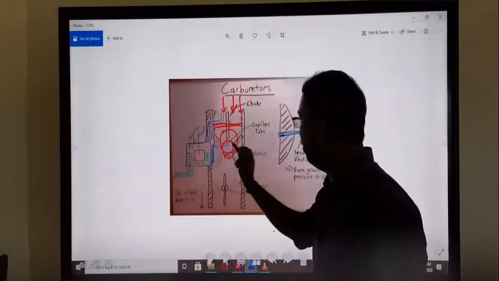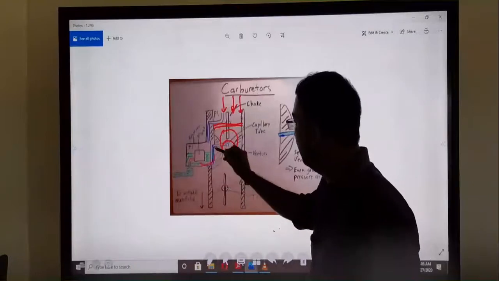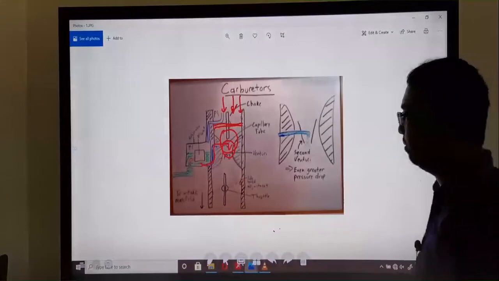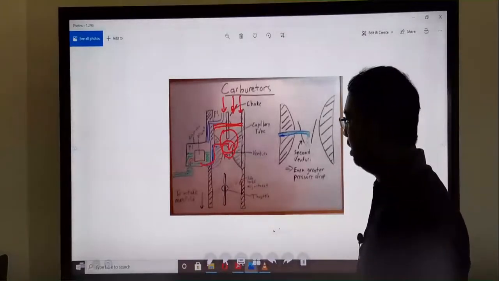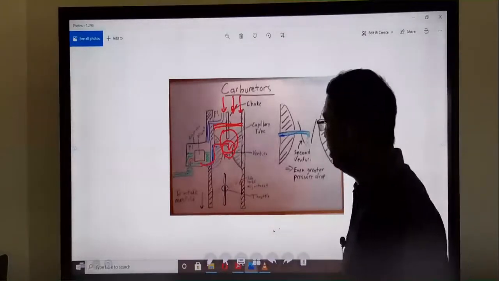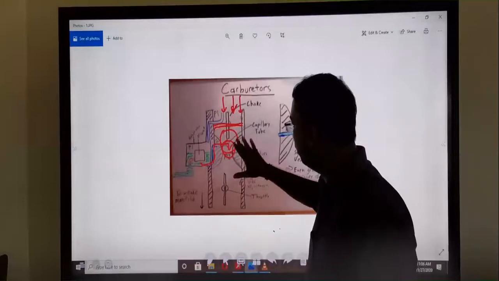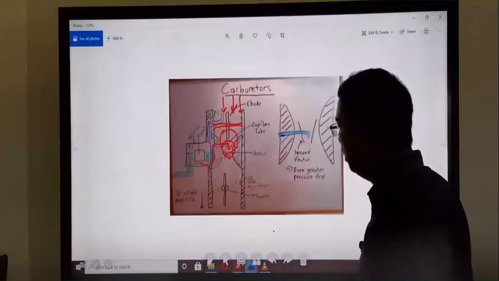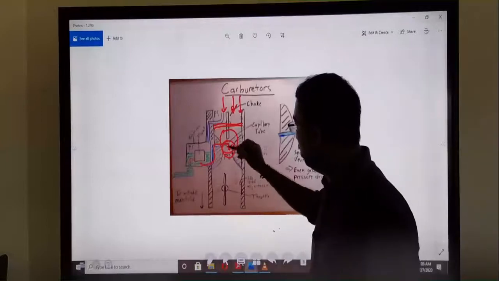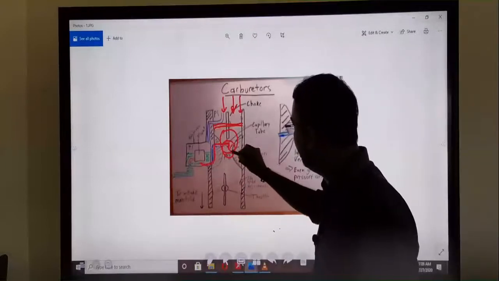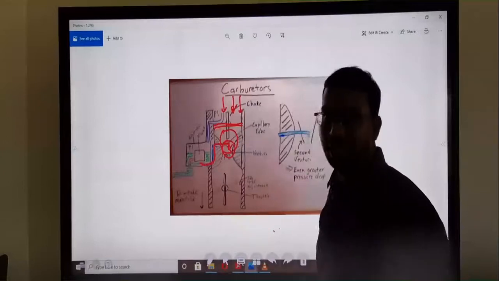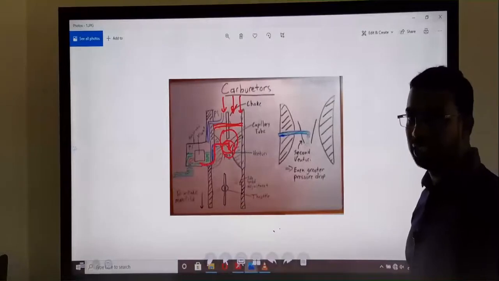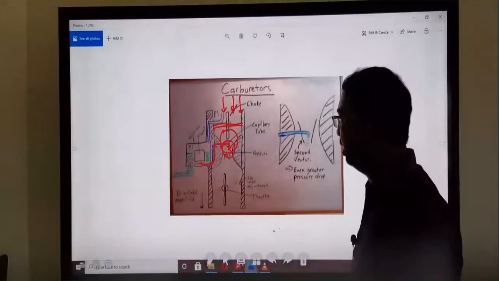Because of this pressure difference, much fuel comes from this capillary tube. With less air, we get a rich fuel mixture.